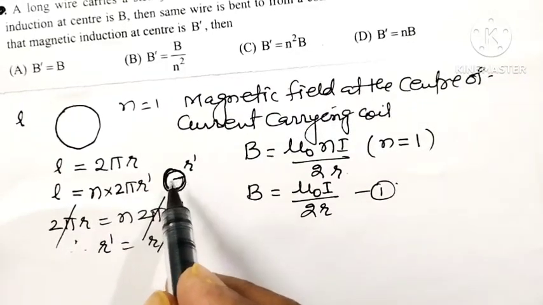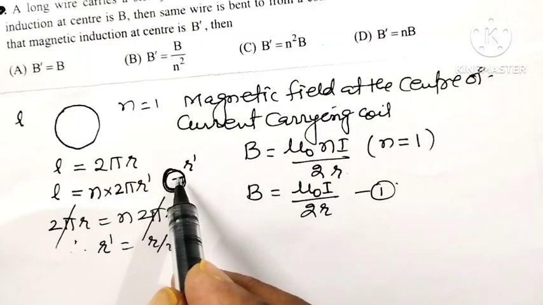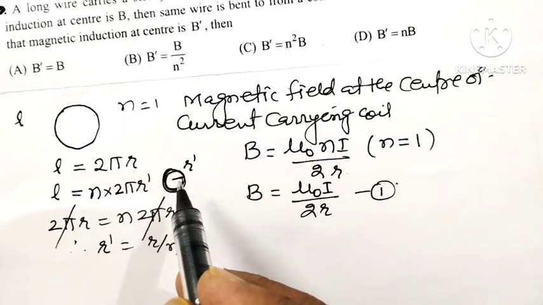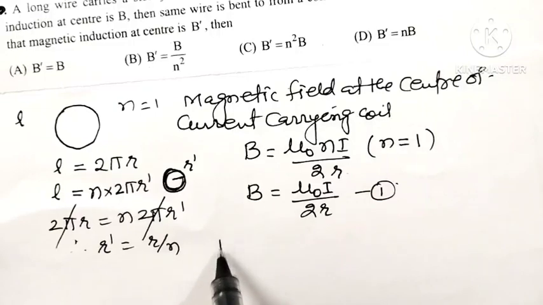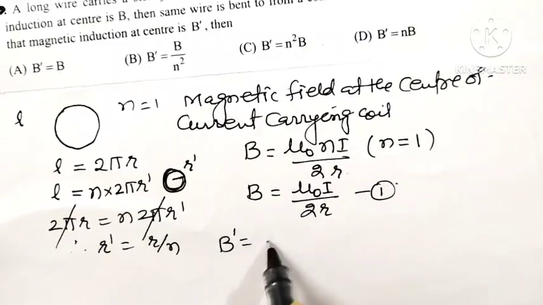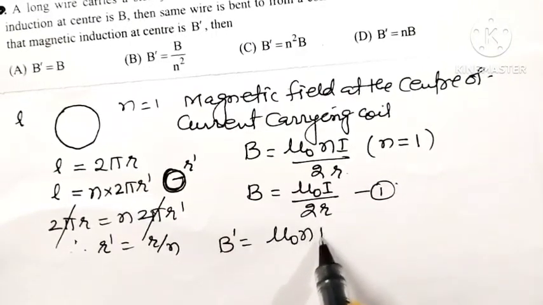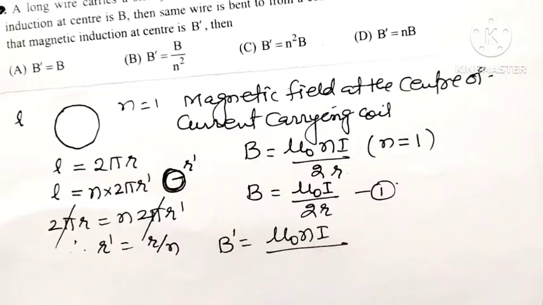So magnetic field at the center of the smaller coil, of radius r dash, at its center is B dash is equal to mu 0 N I divided by 2 times r dash, because here we are having N number of turns.